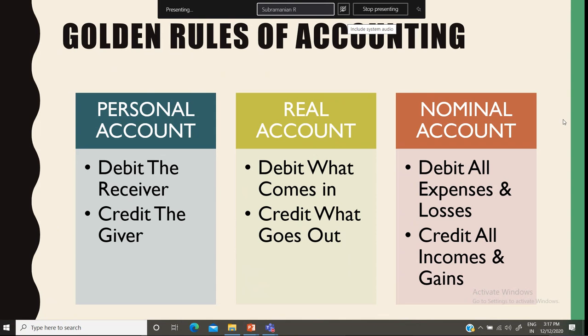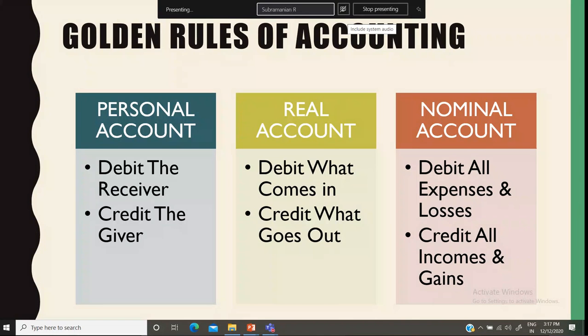Okay, and nominal account: debit all expenses and losses. So that is the nominal account rule; I already said what all things come under nominal account. Like salary, rent if you are going to pay, interest if you are paying to a bank on a loan you have taken, commission if you are paying to any person.